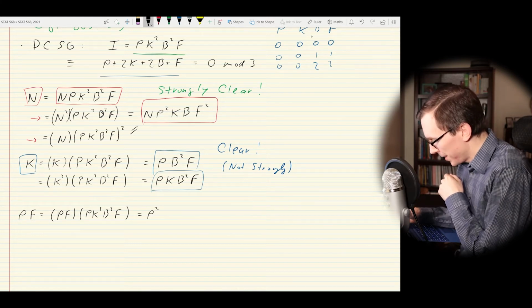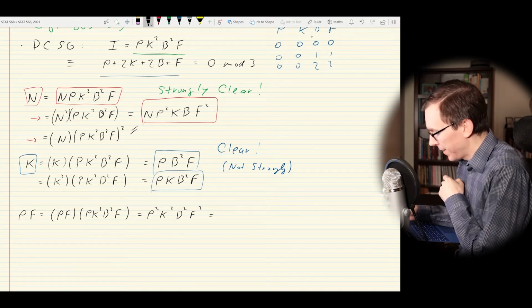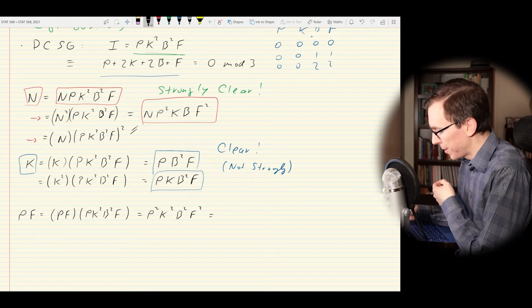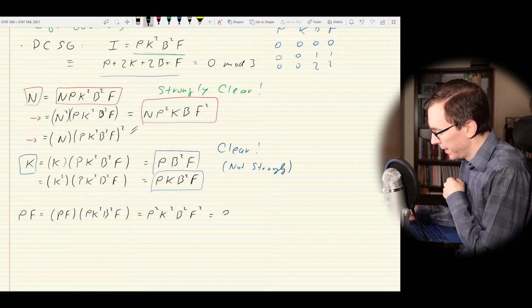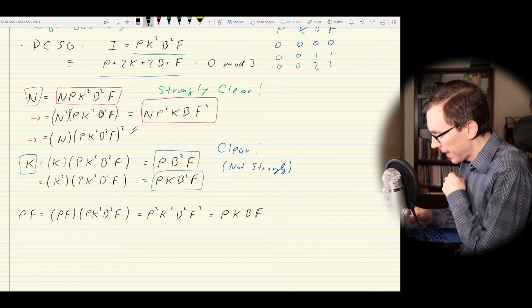Let's do K squared B squared F squared, which reduces, if we reduce everything by squaring it so that the first term has an exponent of 1, we turn all the 2's into 1's and get something like that.